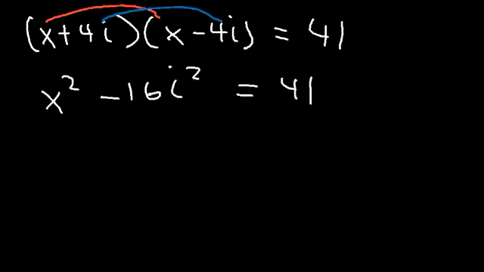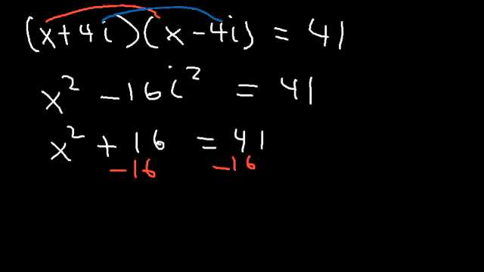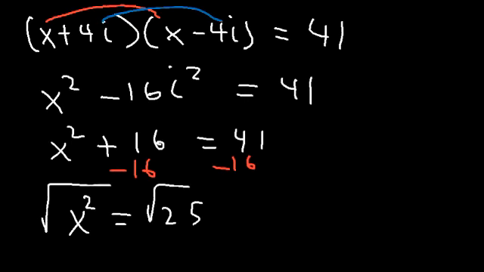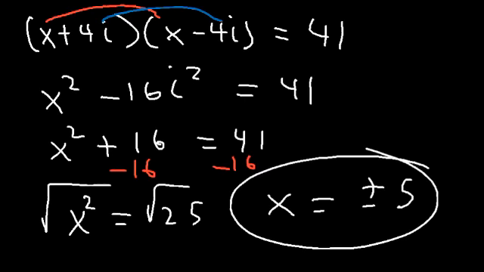And since i squared is negative 1, negative 16i squared is plus 16. So now what we need to do is subtract both sides by 16. 41 minus 16 is 25. So we could take the square root of 25. Therefore, x is going to be plus or minus 5. So that's the answer to the problem.